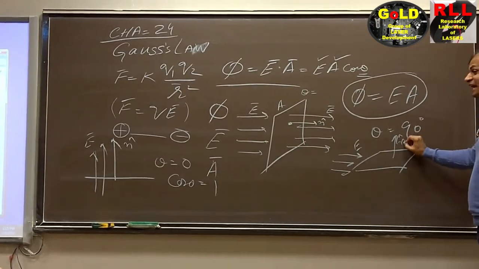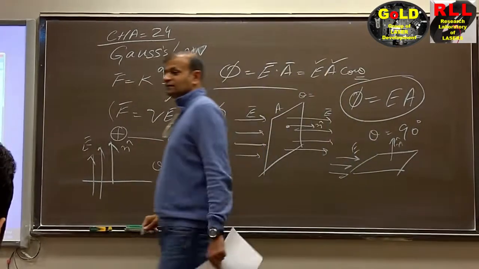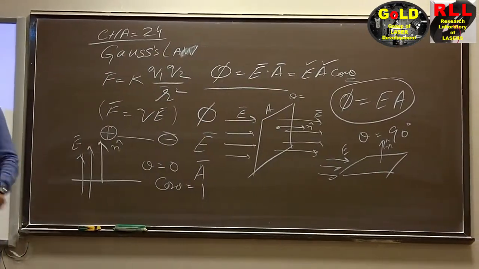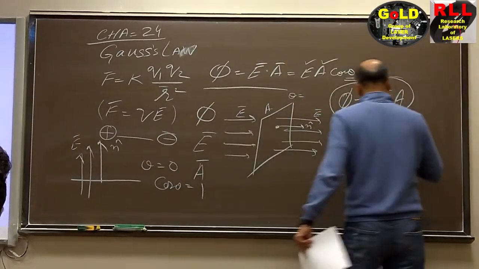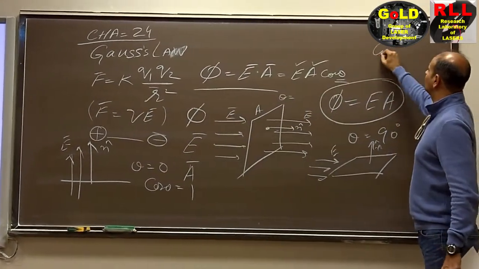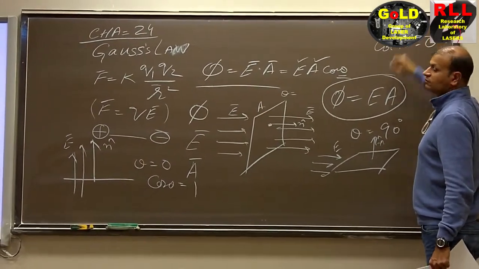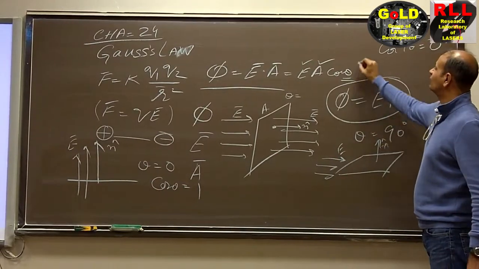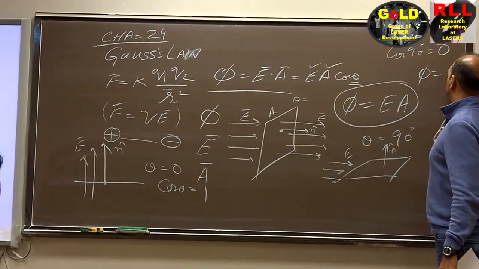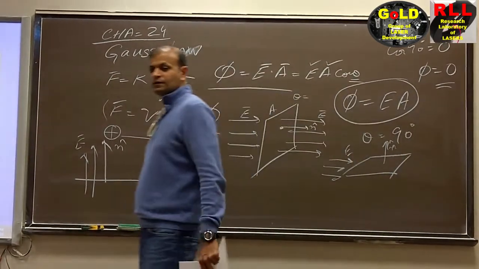In case of 90 degrees, cosine 90 degree is equal to what? Zero. So if the surface is like this, then you have phi equal to 0. No flux.